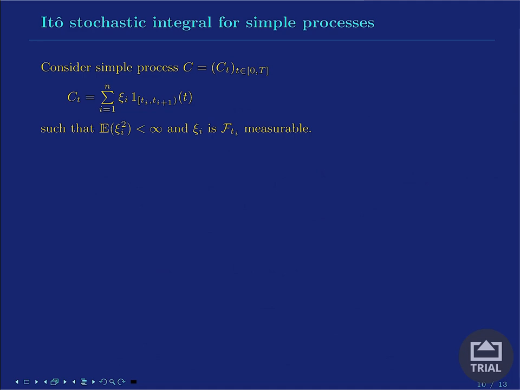On the interval from t_i to t_{i+1}, it takes the value xi_i, where xi_i is a random variable with existing variance or second moment, and additionally xi_i is supposed to be F_{t_i} measurable. So at the left endpoint of this interval, this random variable is actually known.